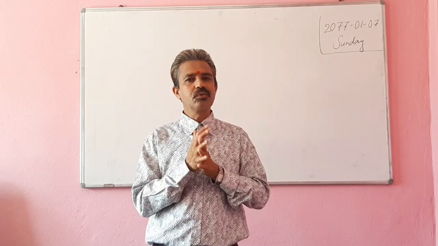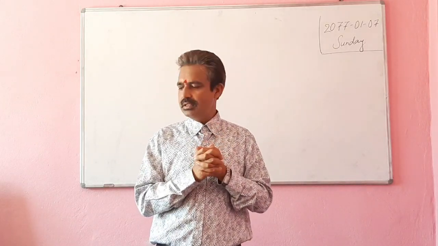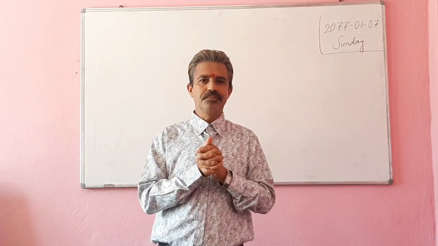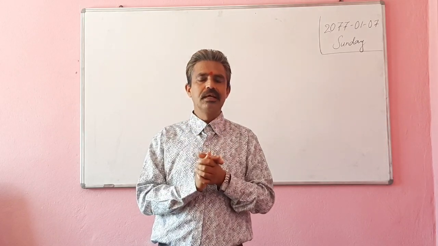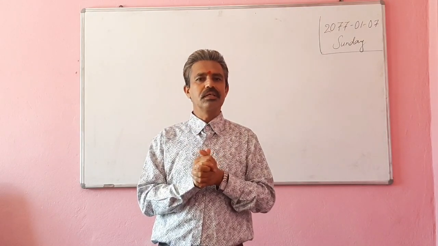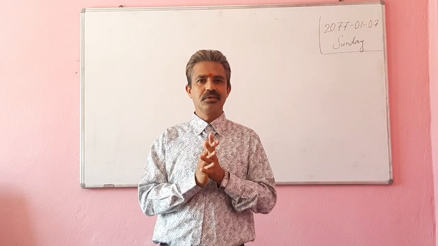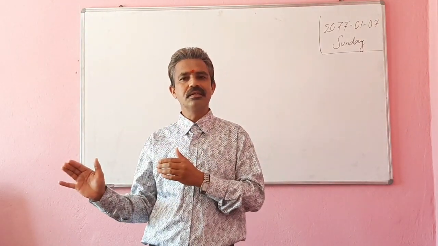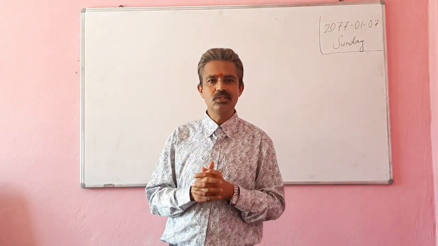So I have taken one set of Group D. Let me read the question. Just listen carefully. Later on, I will give the easy answer. The question is easy. You have to make an easy answer.